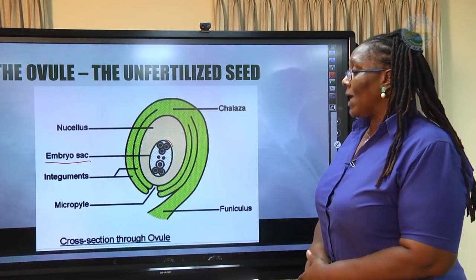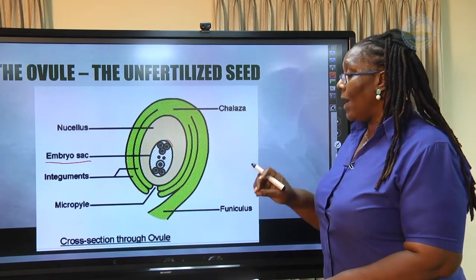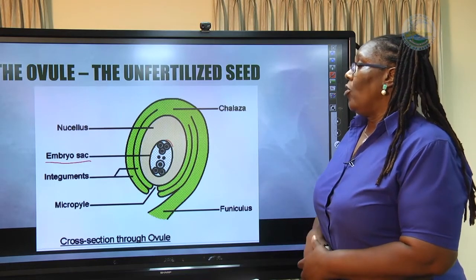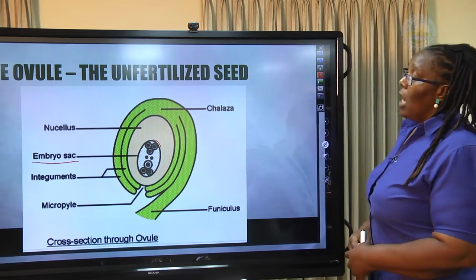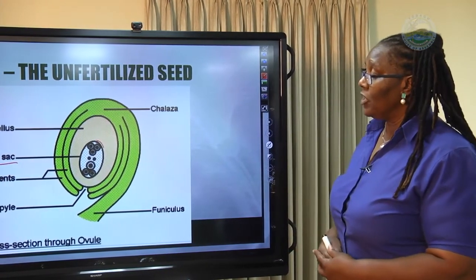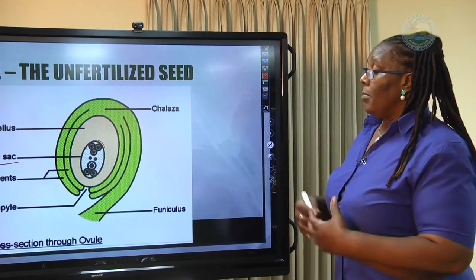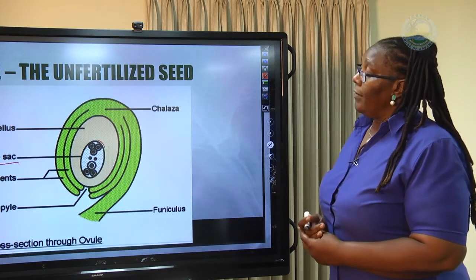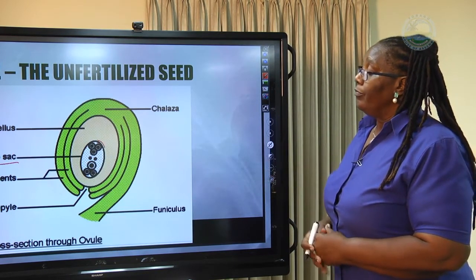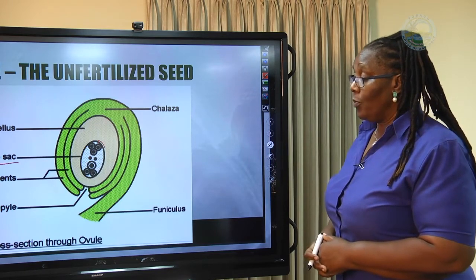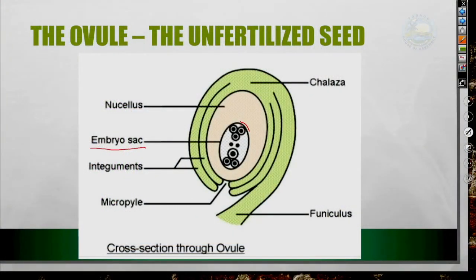But the embryo sac is the area inside of the ovule that is going to eventually allow fertilization to take place and be prepared for the process of the formation of a new plant. Good?